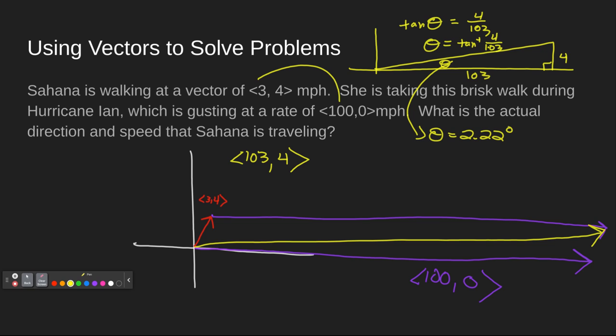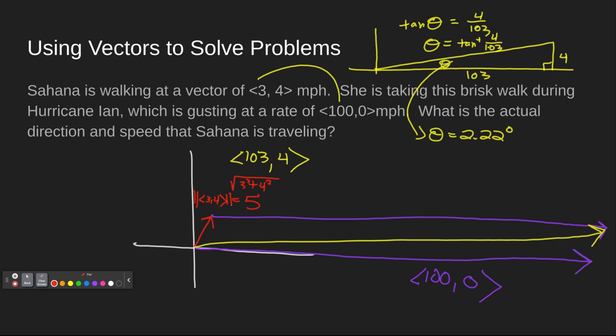Now, how fast is she actually going? Well, here I want you to know the magnitude of this red vector is 5. If I did the square root of 3 squared plus 4 squared, you might recognize that as the Michael Jackson of right triangles, and that's going to be 5. So Sahana was walking 5 miles an hour, but the wind was blowing her at 100 miles an hour.